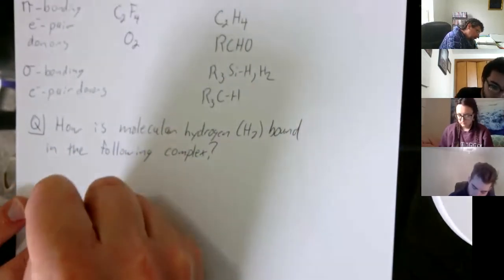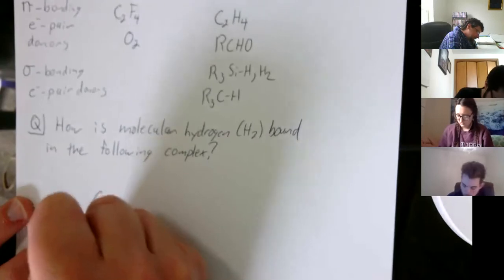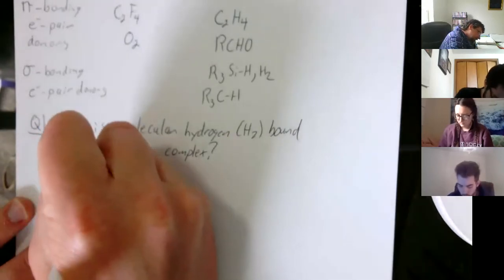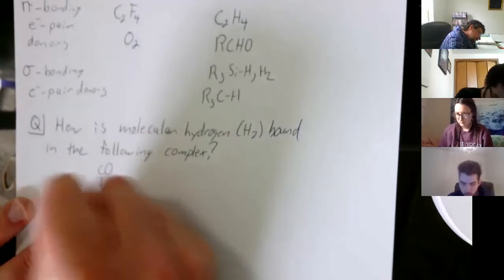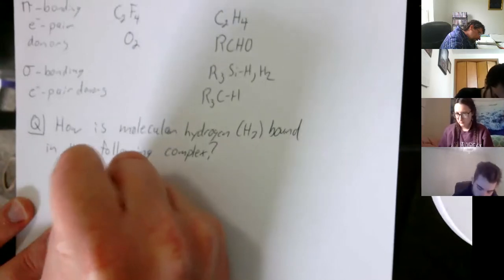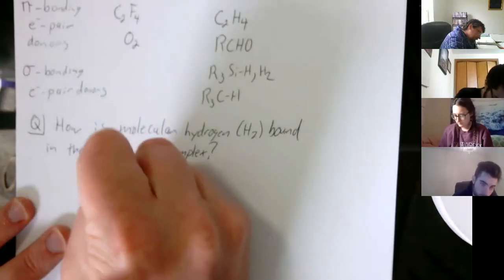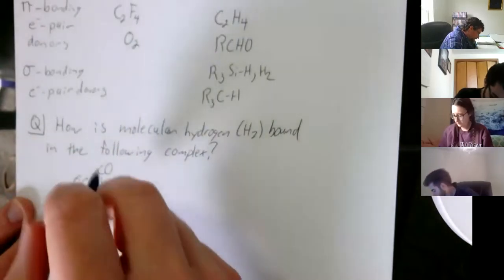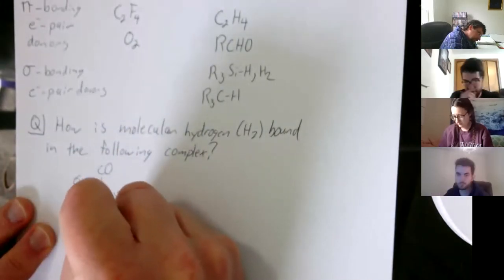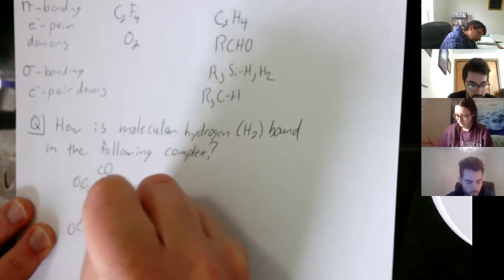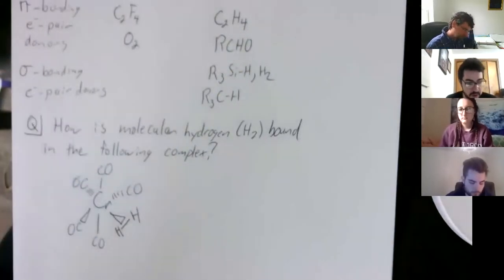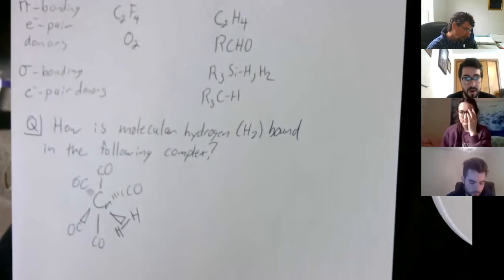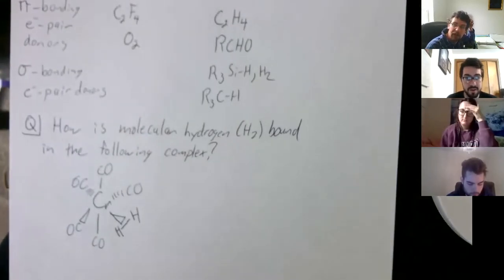We got CR, so there's only strong pi donors for lone electron pair donors. Can you repeat that, Josh?